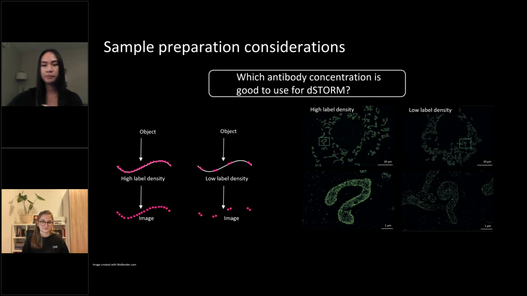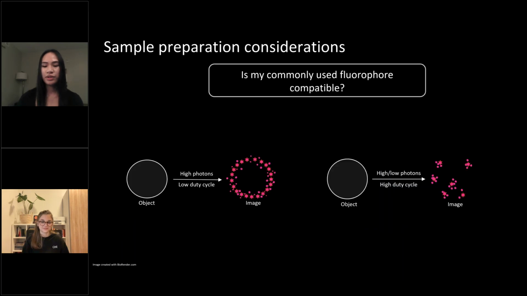interested in imaging. Okay, so this is the question: is my commonly used fluorophore compatible with dSTORM? The quick answer is it depends. If you have specific fluors like Alexa Fluor 647, or if you have Atto 488, then yes, those will be compatible.